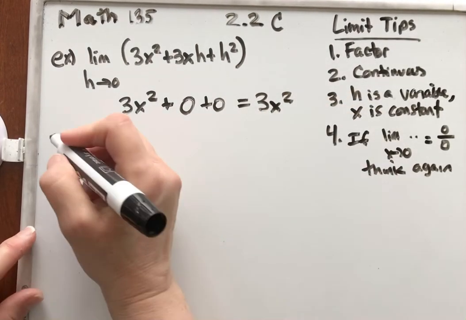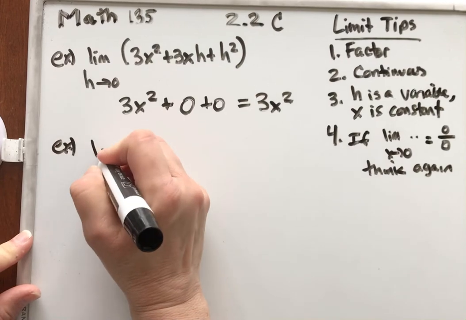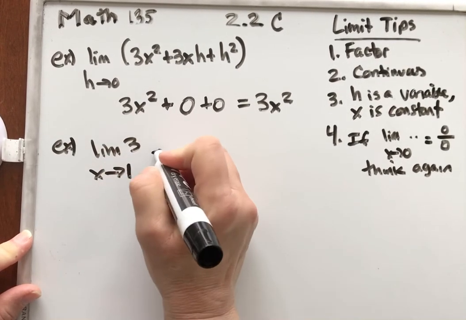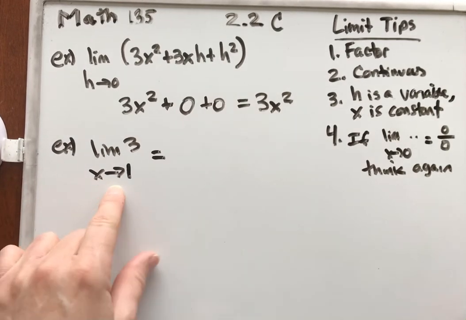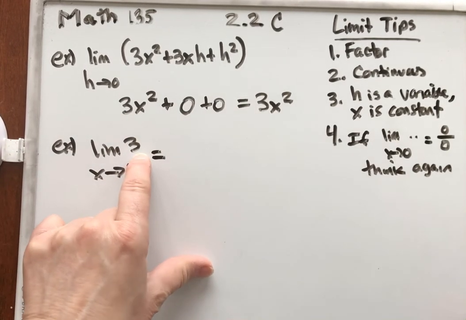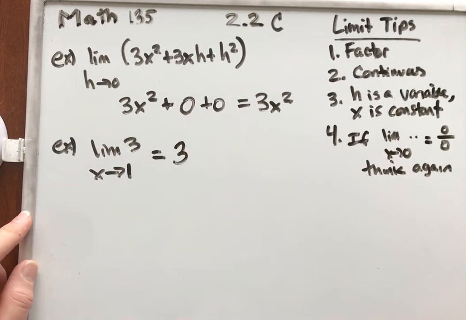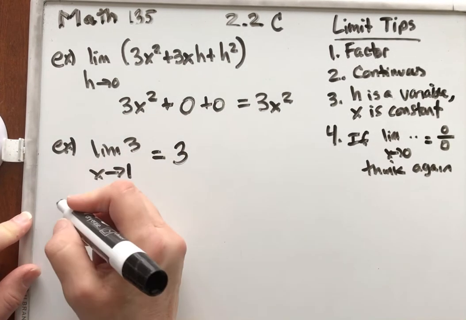Okay. Here's another example. The limit of 3 as x approaches 1. Now x is approaching 1. This is a constant. And we said the limit of a constant is that constant. So the answer is 3. Okay, let's do another one.